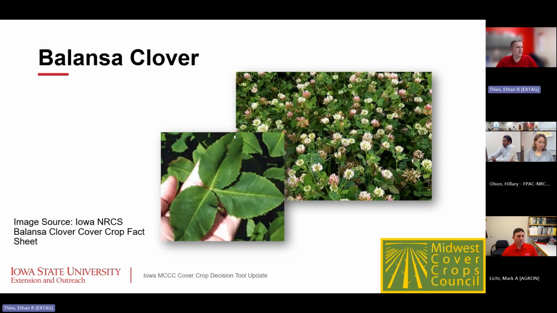Our next species is Balansa clover. Balansa clover is probably the species over the last, I'll say, 5 years that has had a lot of attention given to it, a lot of interest in it. And we hear a lot about it from, quite honestly, Southern Illinois, Indiana, even parts of Southern Ohio.